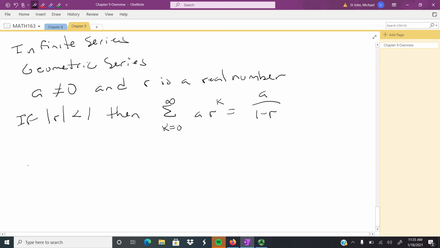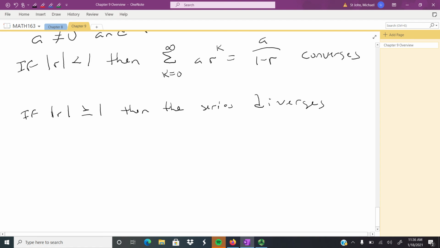Right? If the absolute value of r is greater than or equal to 1, then the series diverges. So here it converges.